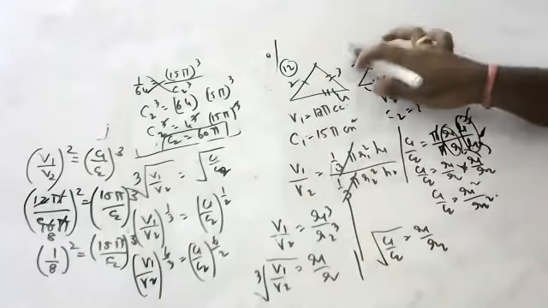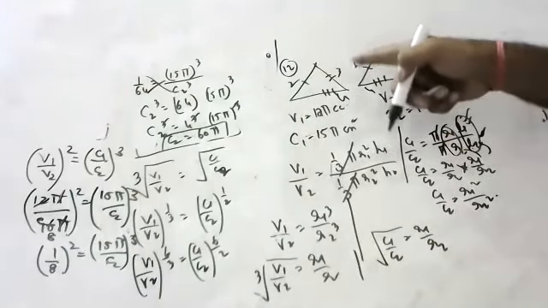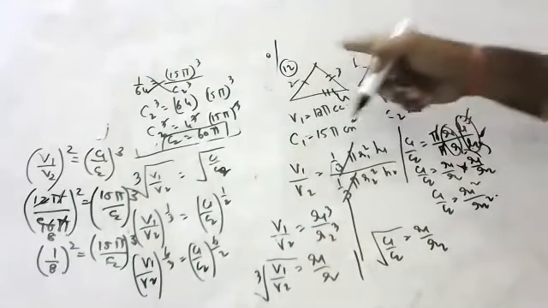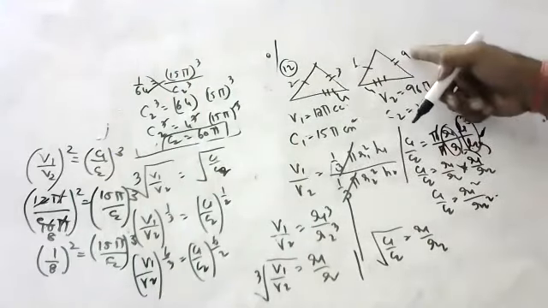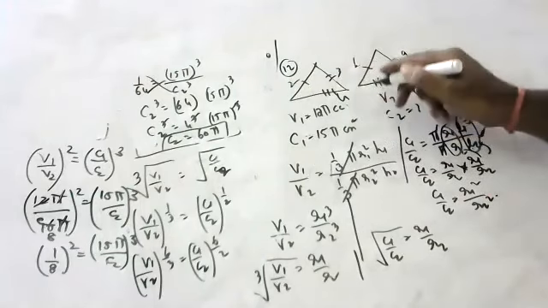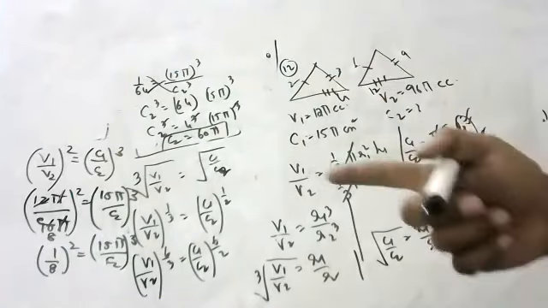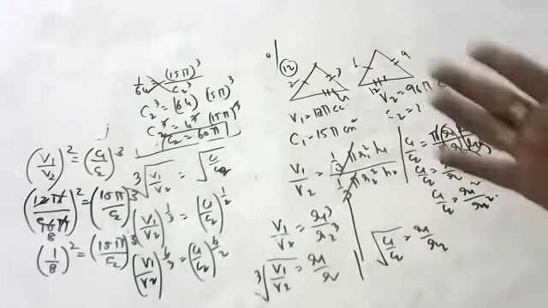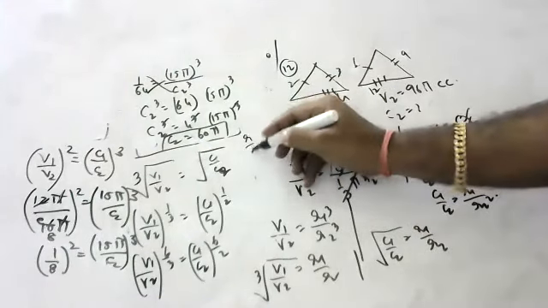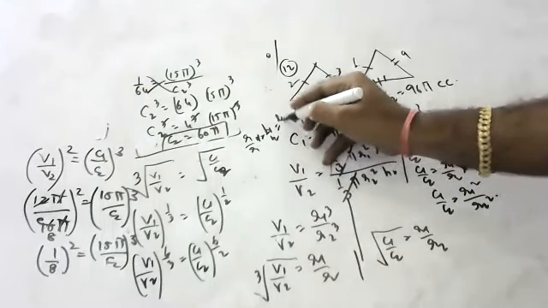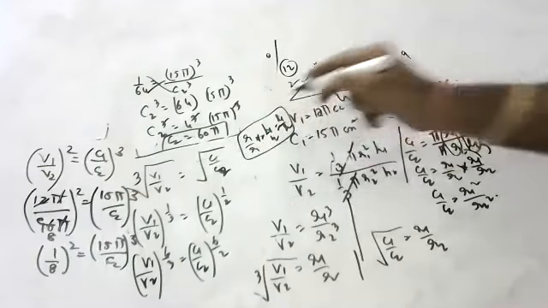If this is 2 by 6, then this should be 3 by 9, because 2 by 6 is 1 by 3 and 3 by 9 is also 1 by 3. And this should be 12, because 4 by 12 is also 1 by 3. That is the ratio. So if two cones are similar, radius, heights, slant heights, all the ratios will be the same.